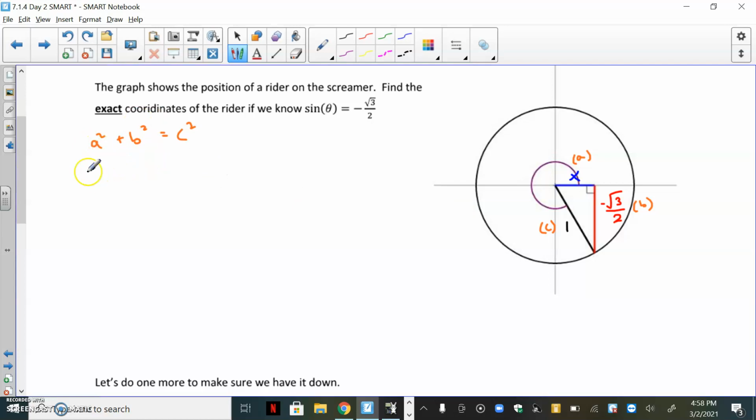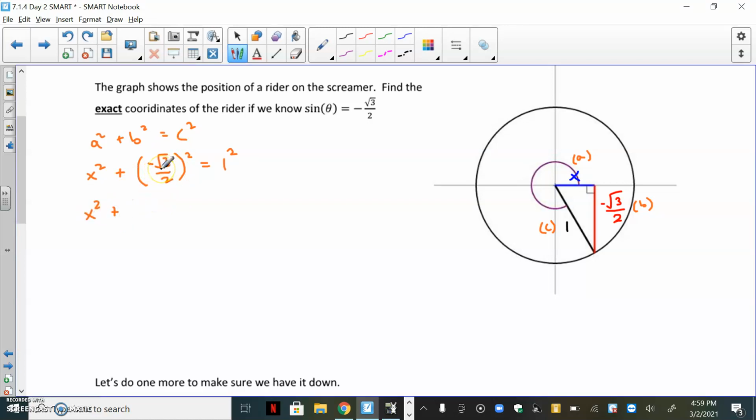Instead of a squared, I will write x squared because my a is x. Instead of b squared, I'll plug in negative root 3 over 2 squared because my b is negative root 3 over 2. And instead of c squared, I will put 1 squared because my c is 1. From here, it's just a game of simplifying and then solving for x. So let's calculate whatever we can.